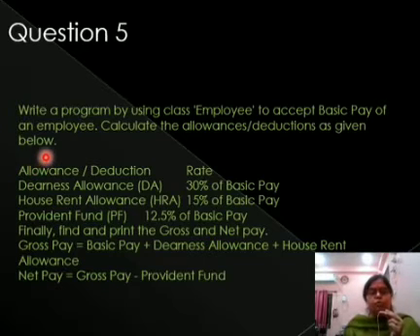Okay. We have to only input a basic pay, and then with the help of the basic pay we have to calculate these allowances or deductions which our government employee is going to get. See, there is DA allowance, HRA, PF, all this formula has been given. You have to find out with the help of this formula.